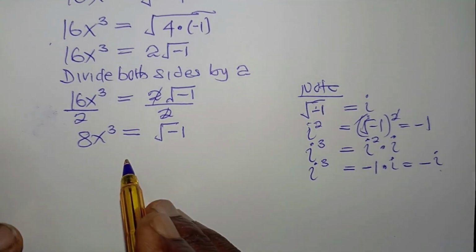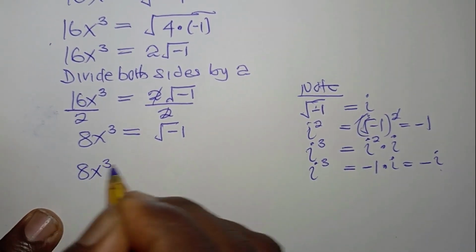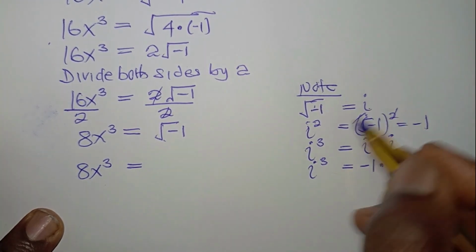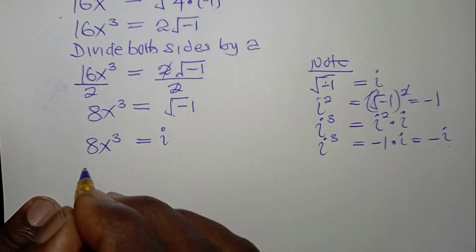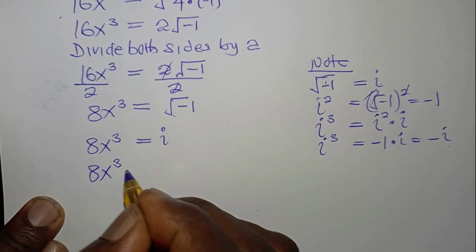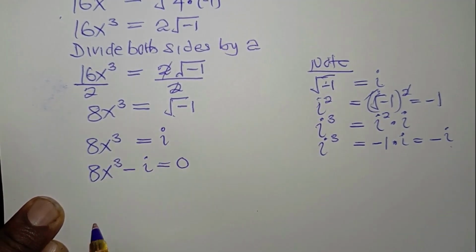So now let's get back to the equation. We have 8x to the power 3 equals square root of minus 1, which is equal to i. So let's group terms on one side. We have 8x to the power 3 minus i equals 0.